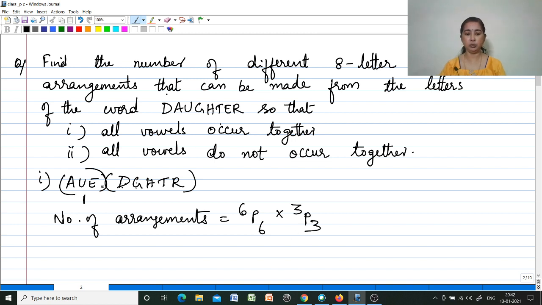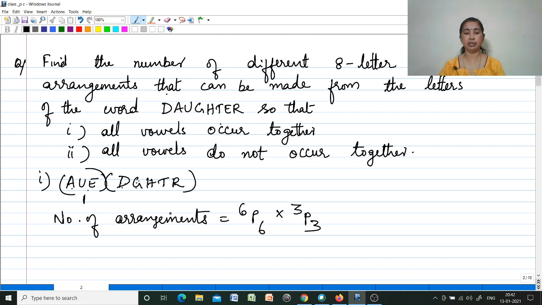Hope you understood how 6P6 is coming. We take the 5 letters here and the vowels as a single unit, so 6P6 ways, whereas in between the vowels there is an arrangement in 3P3 different ways.